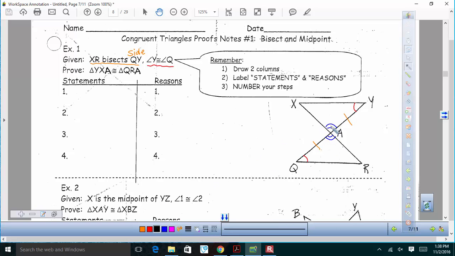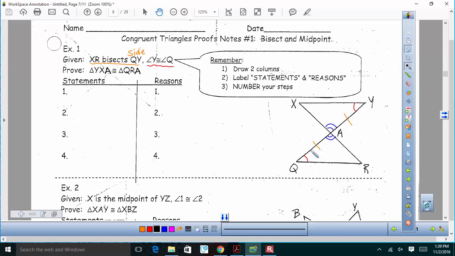I refer to these triangles as like butterfly wings. If I made a little stick figure right here that had antennas, it would look like a weird butterfly, right? Anytime you have a weird butterfly, that is vertical angles. All right?